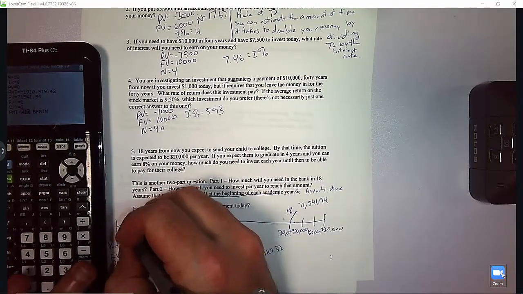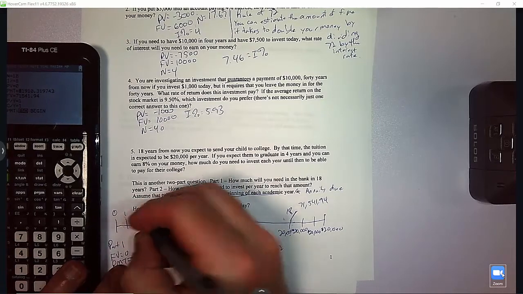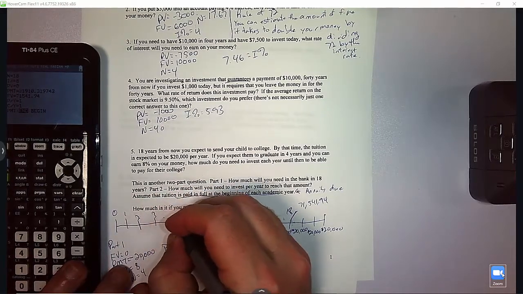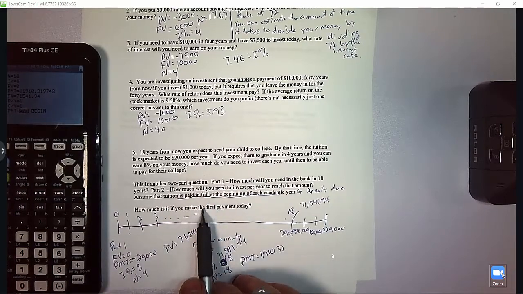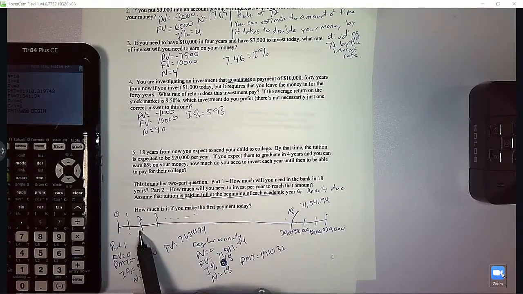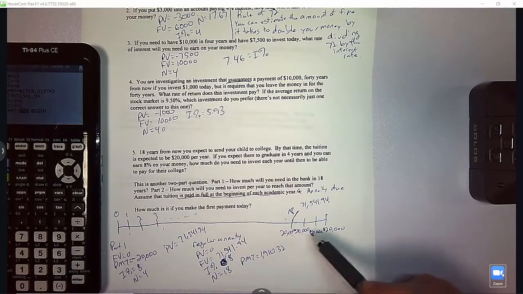So that would be my payment at time 1, time 2, time 3, and so on. For each year, I'm not writing it in now because I'm going to solve the second problem now. But that's the payment I'm going to have to make at the end of each year, including year 18, in order to make these 4 $20,000 tuition payments.